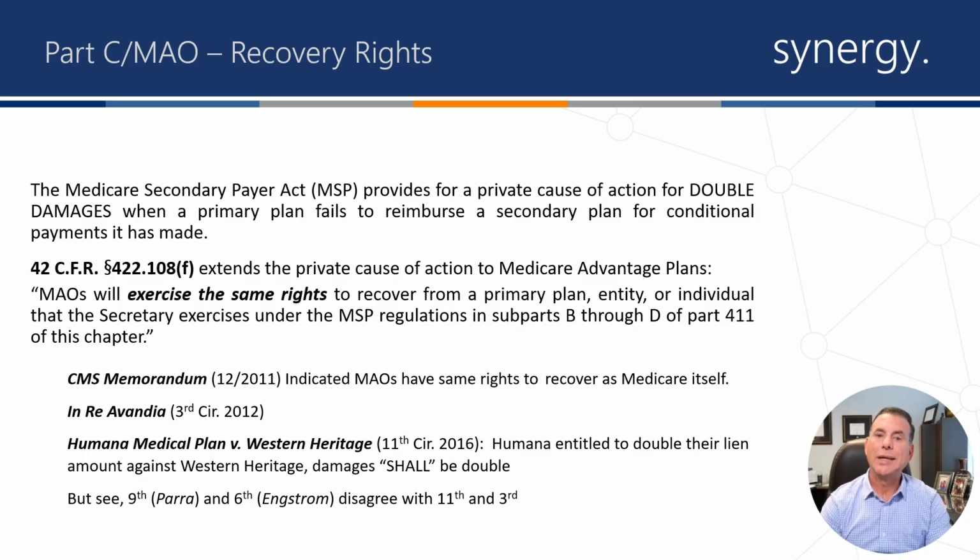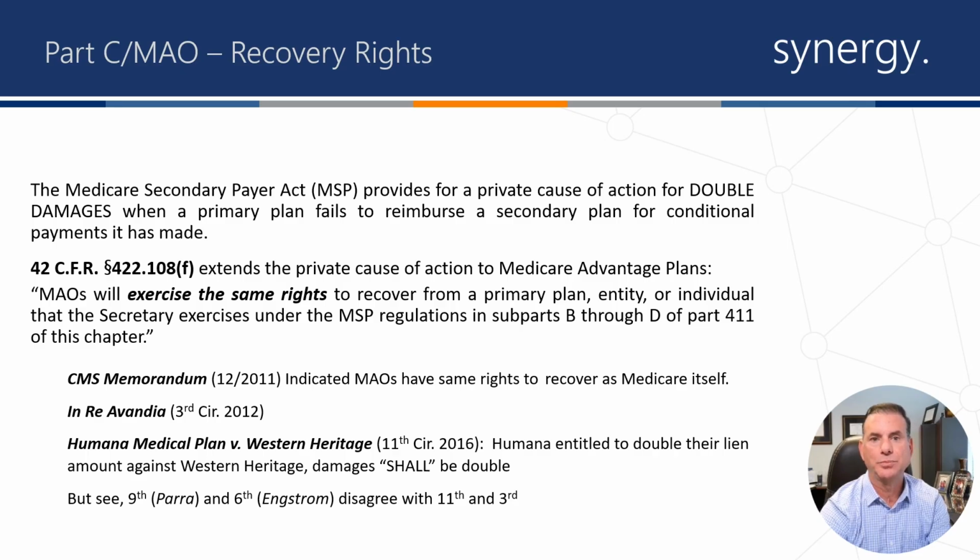That is the law in other circuits, the Third Circuit's an example. But the 9th Circuit and the 6th Circuit disagree with the 11th and the 3rd. So you have a split in circuits as to whether there is an ability to recover double. But the risk remains that the plan will try to recover double the lien amount under the double damage provision, and you don't want to be on the wrong side of that claim.